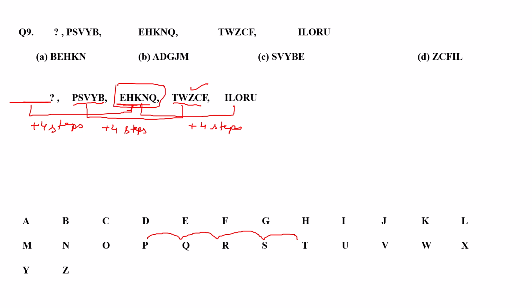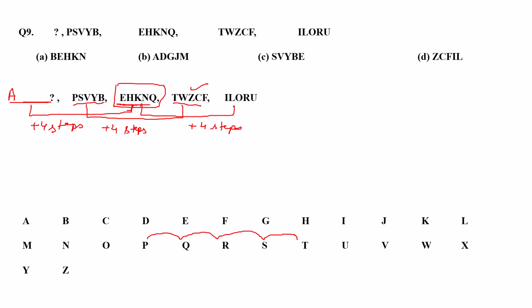So it means to get those letters, what I have to do is, from these letters I will go 4 steps backward. So E is here. If I go 4 steps backward, 1, 2, 3, 4, I will reach A, isn't it?